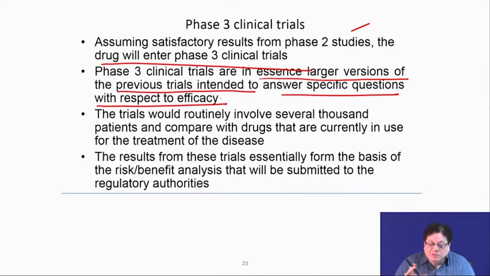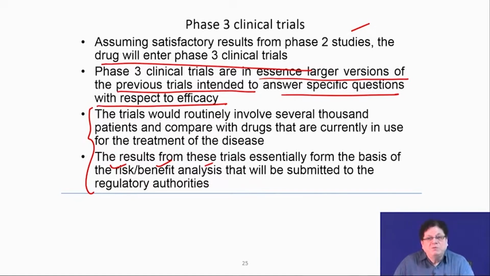You take the drugs which crossed the phase 2 trials, give them to a large number of patients, and then see the risk and benefit analysis. Risk and benefit, that means the toxic effect versus the benefit.